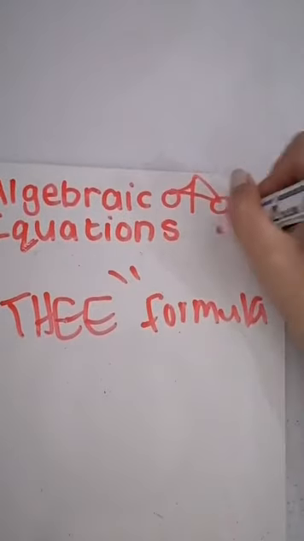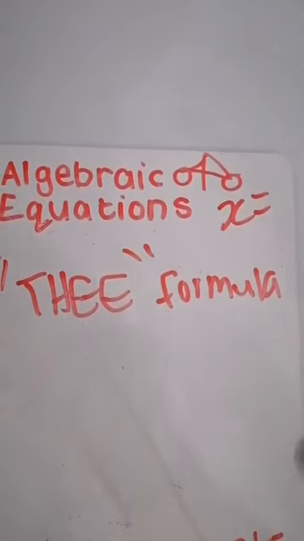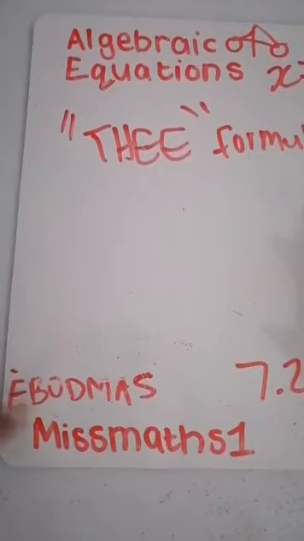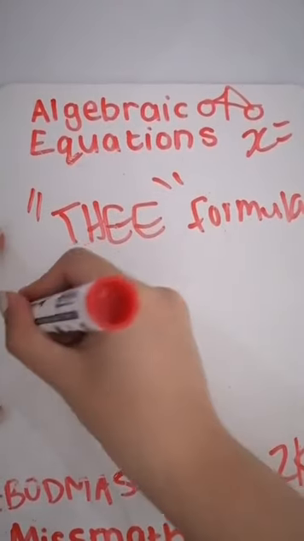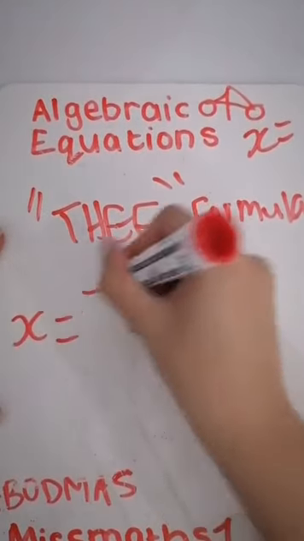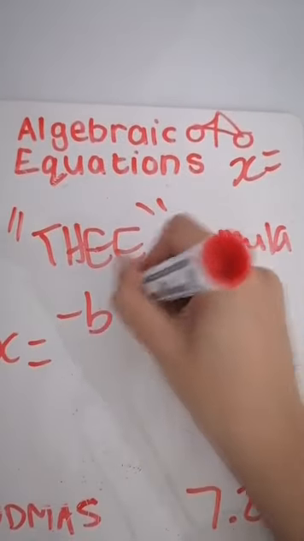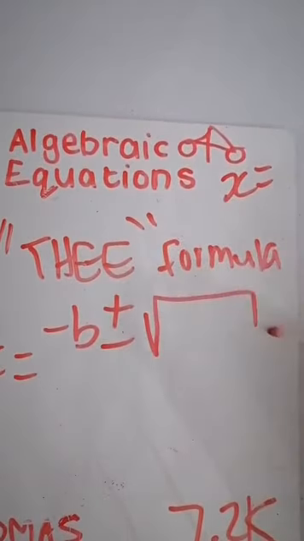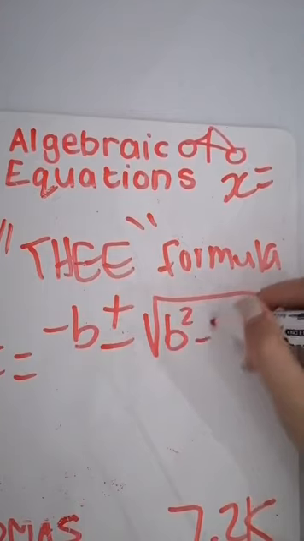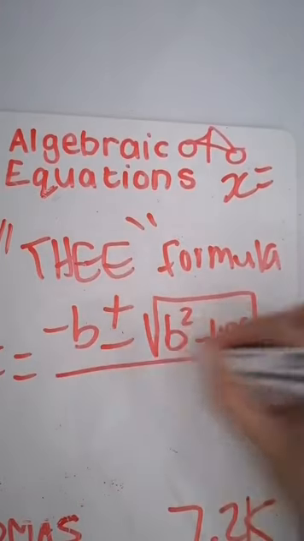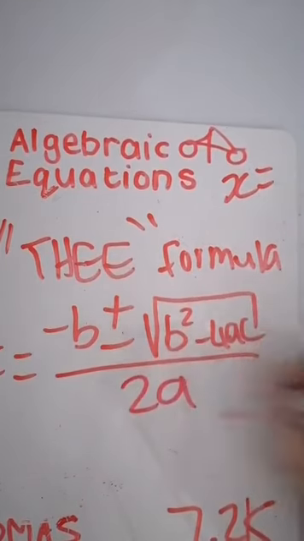Usually, when we are doing expressions and equations, you need to find a value for x, correct? So now, there's actually a formula. When you can't use all these Bodmas reversal methods, you're going to use this formula. X is equal to negative b plus minus the square root of b squared minus 4ac divided by 2a.